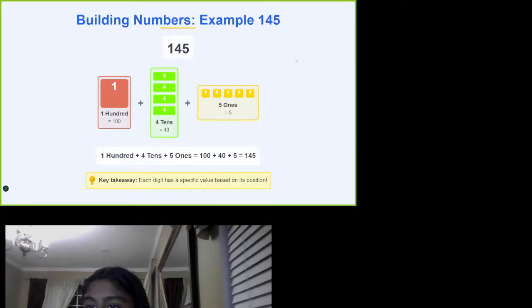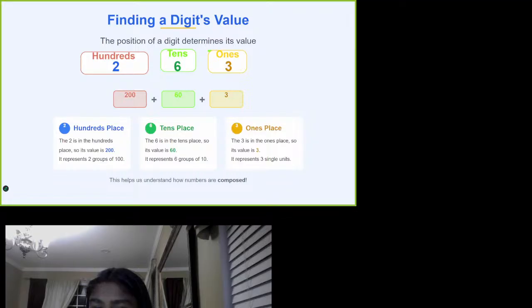So each digit has a specific value based on its position in the number that we are creating. Okay, so the position of a digit determines its value. So if there's a 2 in the hundreds place, a 6 in the tens place, and a 3 in the ones place, these are all digits.